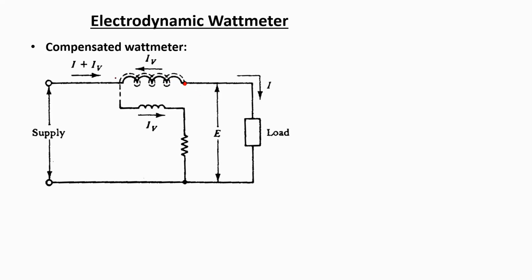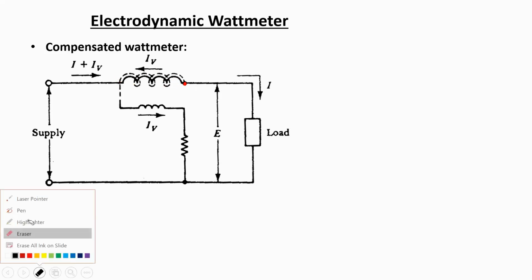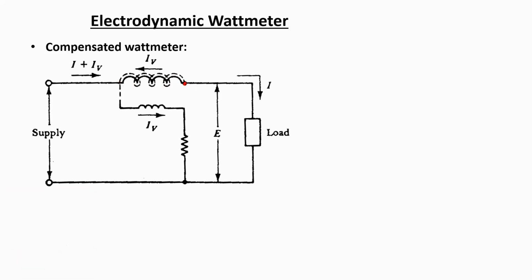So apparently it might seem that the moving coil is connected at this point, but that is not. The moving coil is actually connected after the fixed coils. From that point onwards, another additional set of winding is used which is in the opposite direction of the field coils.